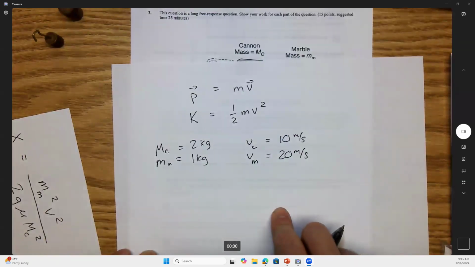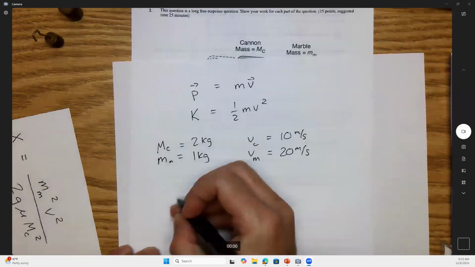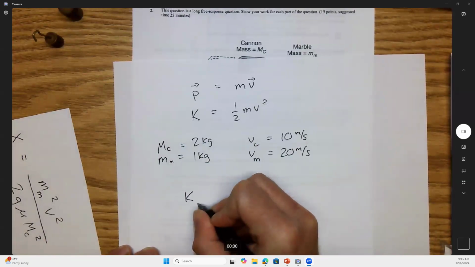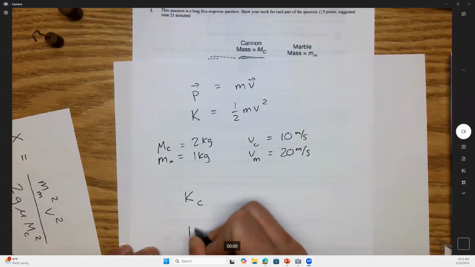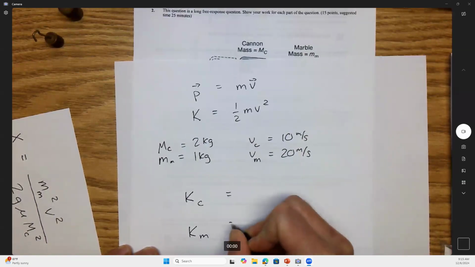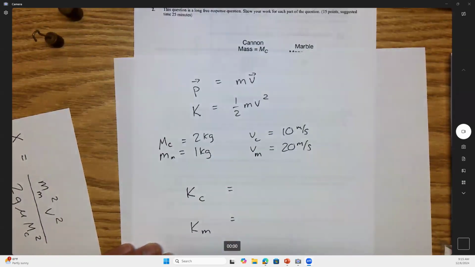All right. So let's put these numbers in the kinetic energy equation. What's the kinetic energy of the cannon? What's the kinetic energy of the marble? And we'll compare these things. Because whichever one has the greater kinetic energy would take exactly that much work to stop it.